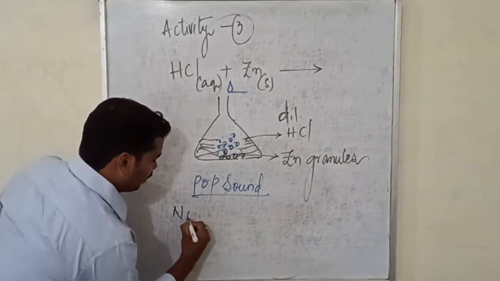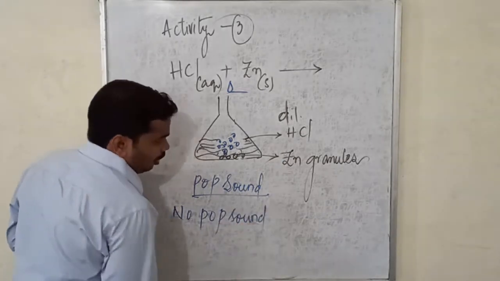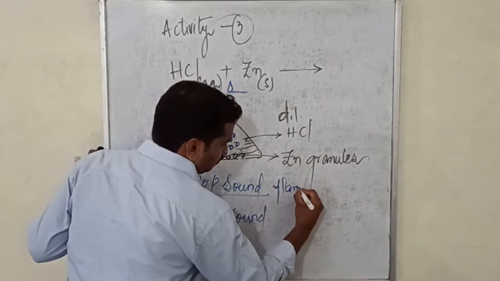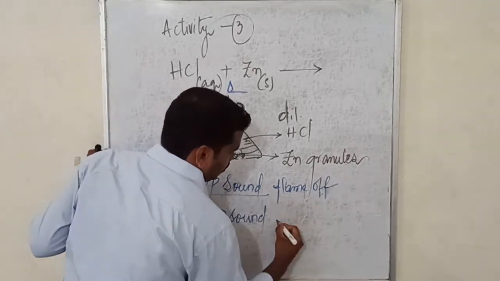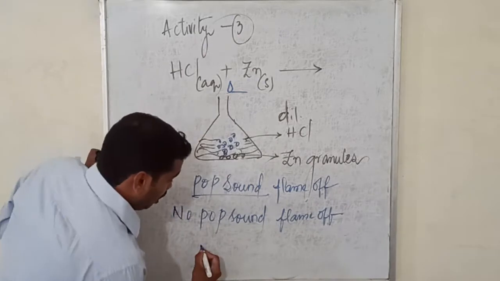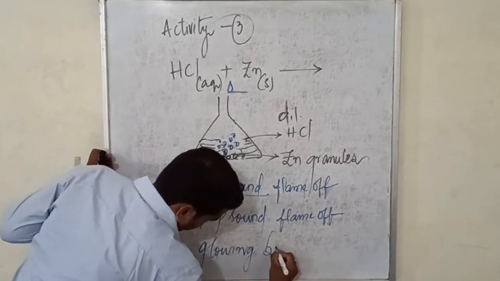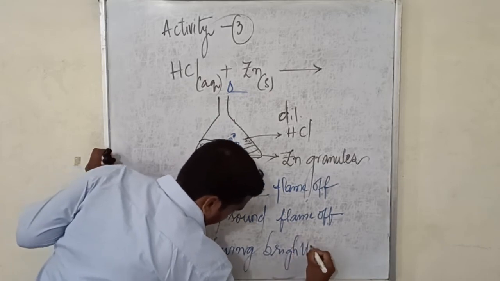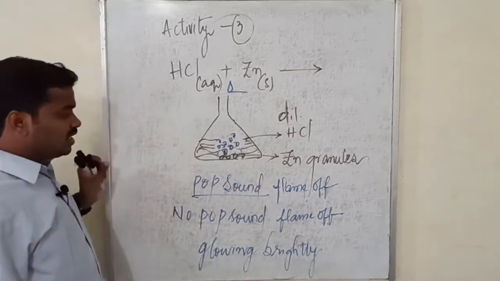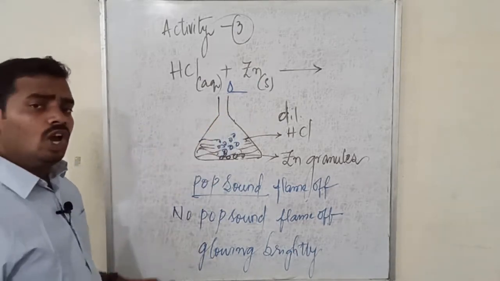No pop sound, but flame was off. Glowing brightly. So these are the three different cases when the matchstick was put at the mouth of the conical flask.